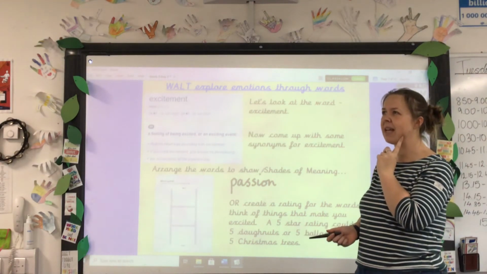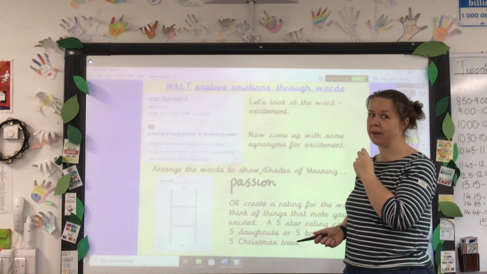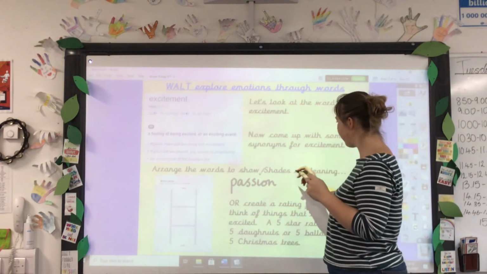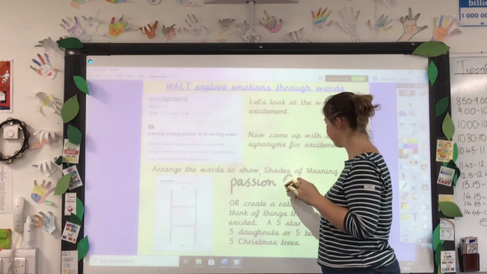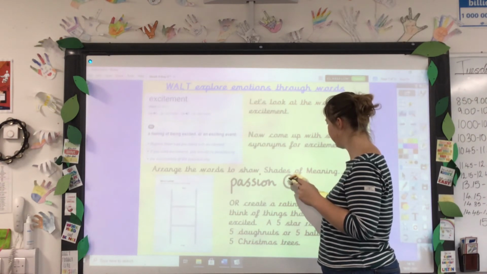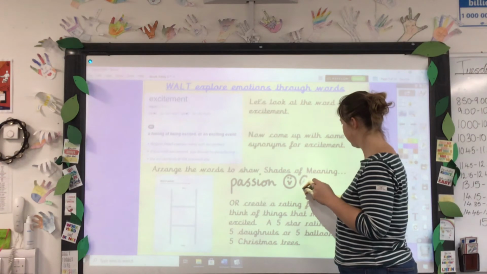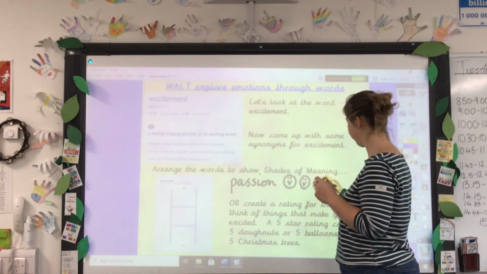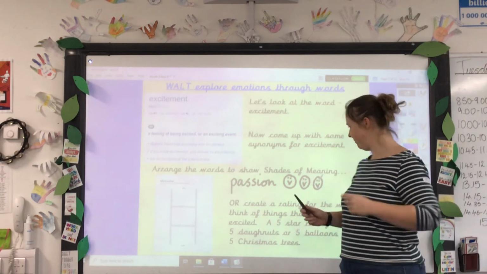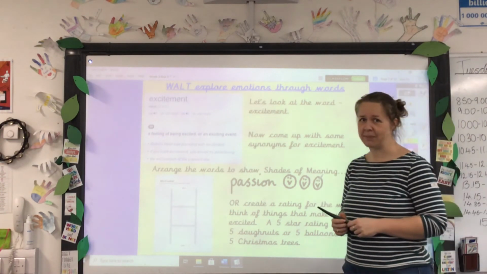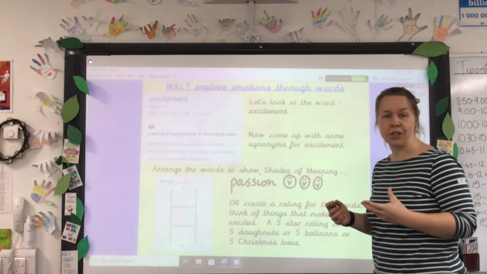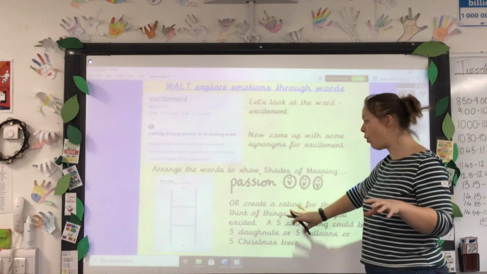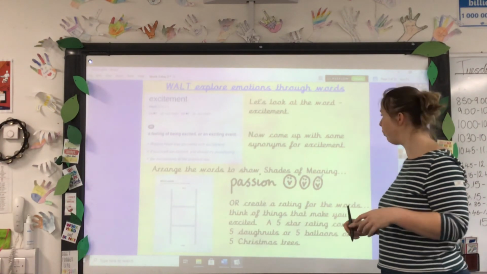Things that excite me, I'd probably use birds, to be honest, but I'm not fantastic at drawing, so we'll see how this goes. I'm just going to draw a face. And I'm going to say this is probably about three birds. I know, they're very old birds, so excuse my drawing. But that's what I would do. You can do it however you like, either the ladder with the shades of meaning, or you can choose a rating.